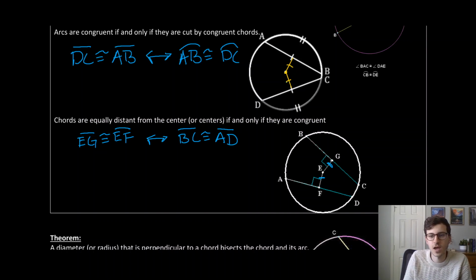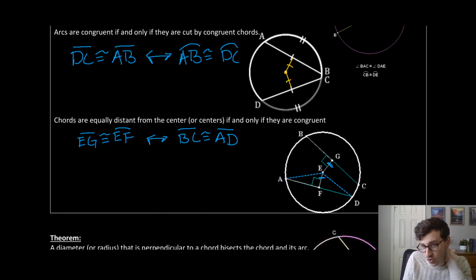And here we know that these chords are equidistant from the center, so they are equal to each other. Either way. And just note that this forms a right triangle. If you wanted to prove something like this, and we'll look at this a little more later, you could maybe look at drawing some radii, right? Here and here.